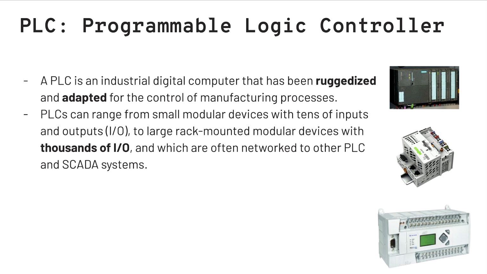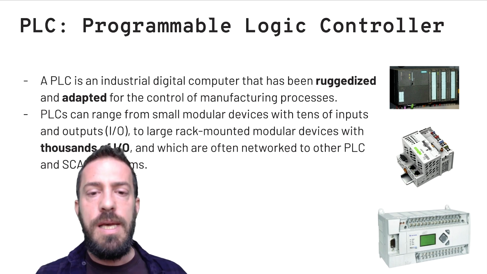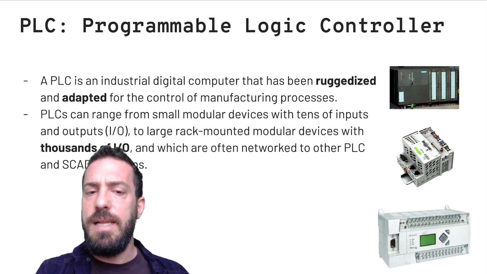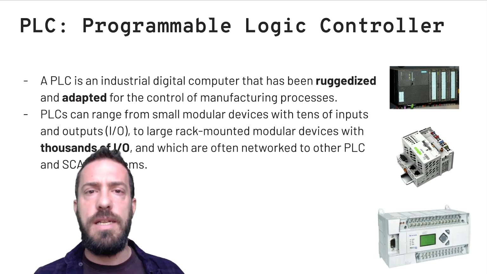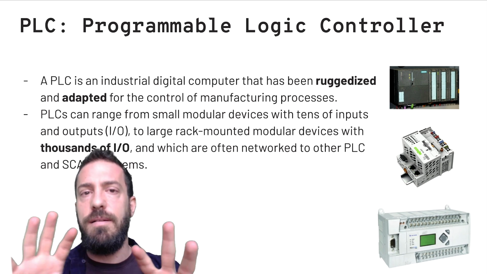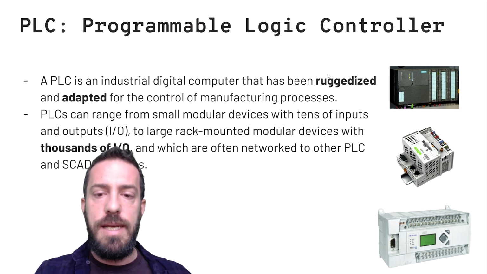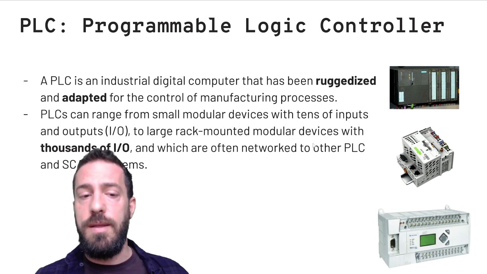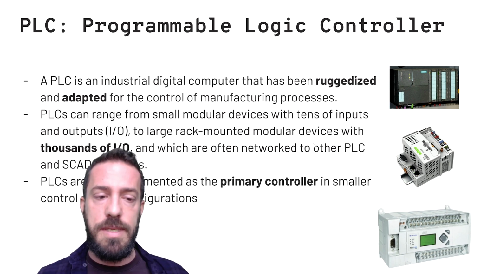So besides being hardened, they also have a lot of analog interfaces that they can bring in analog values from the physical world, process them, and then respond back with some kind of action to the actuator to control the physical process. So the PLCs can be just small devices with tens of inputs, or can be hundreds of inputs, like rack-mounted PLCs, and they can also be networked to other PLCs or SCADA systems.